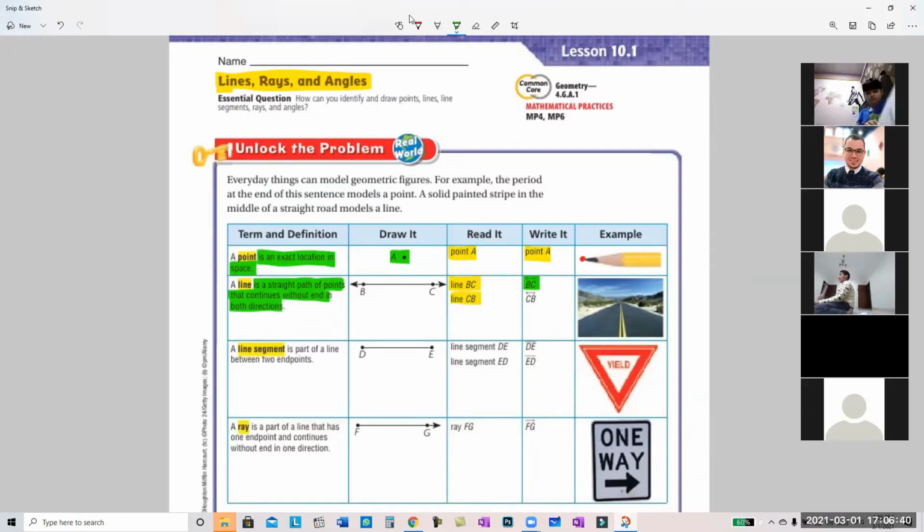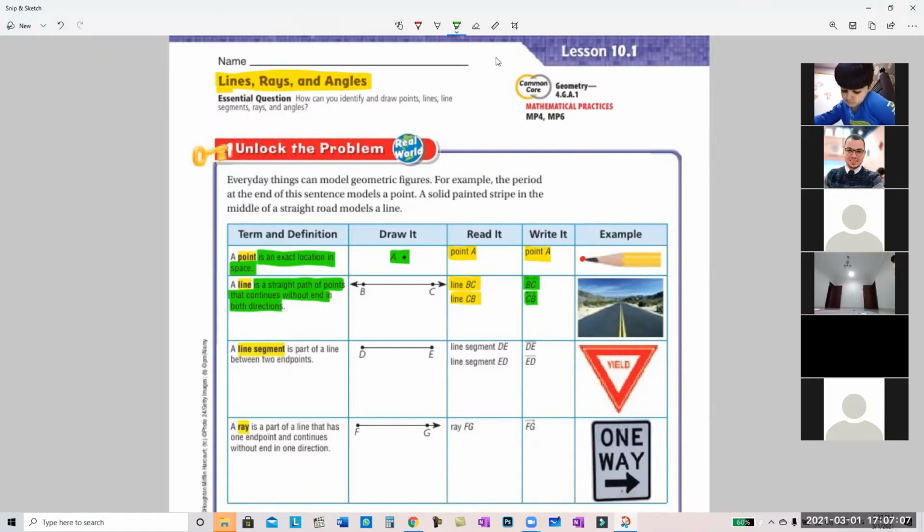It denotes the shape of the figure that we're gonna draw, and the name here is a line. So the small figure above the letters is a line. So it will be line BC and line CB. Okay, so that's it about line.